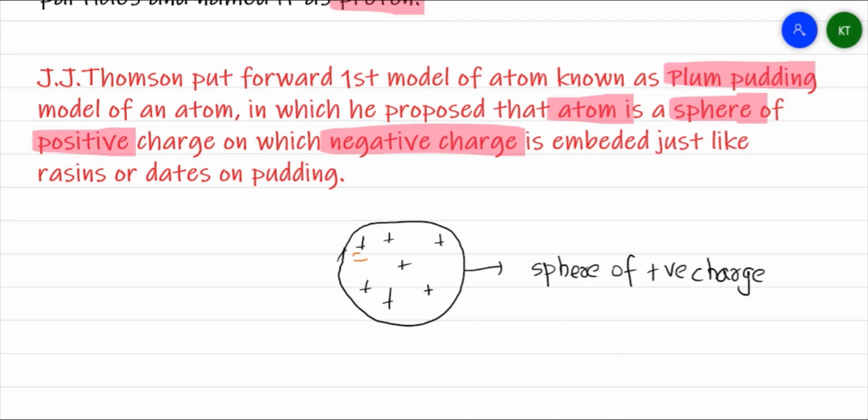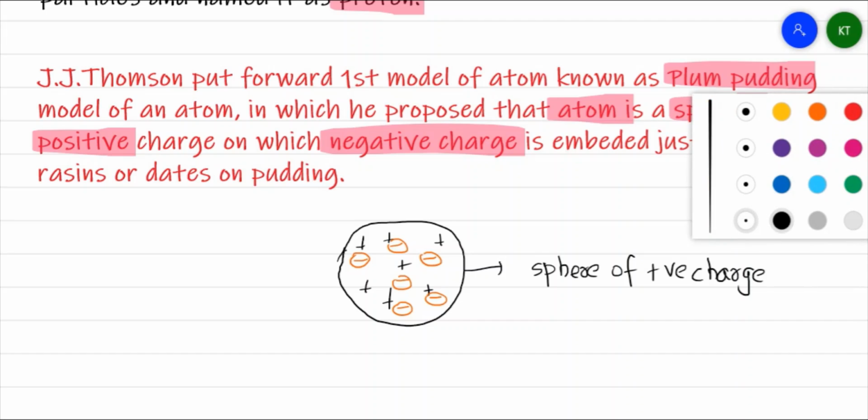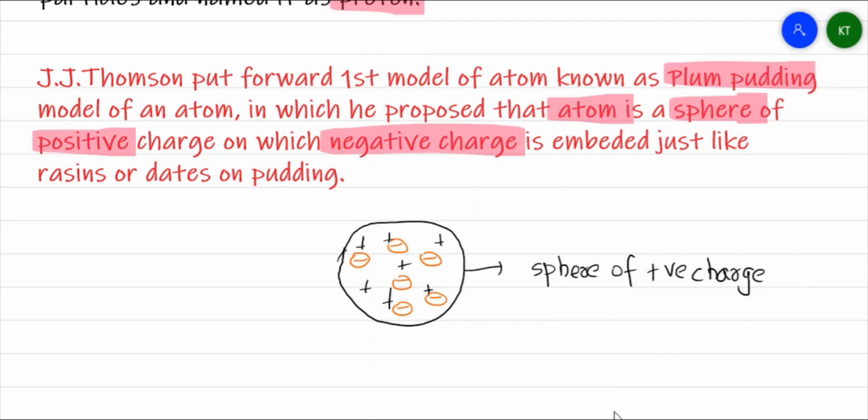Let me draw the negative charges here, negative charge, negative charge, like that. Just like dates or raisins put on a pudding, we have the atom as a whole sphere of positive charge on which negatively charged electrons are present. So a positive and negative balance has been found.